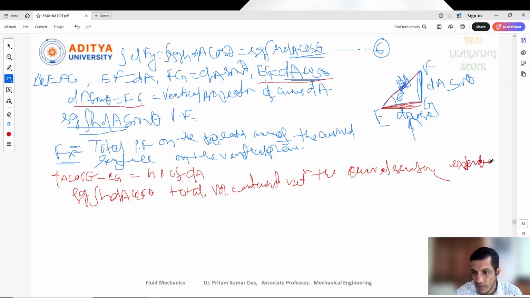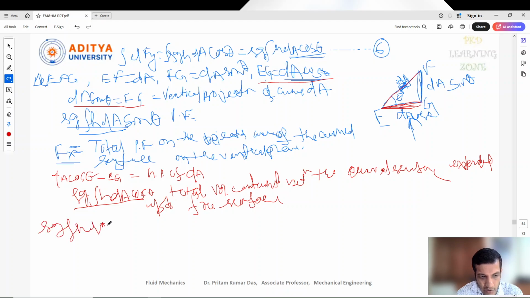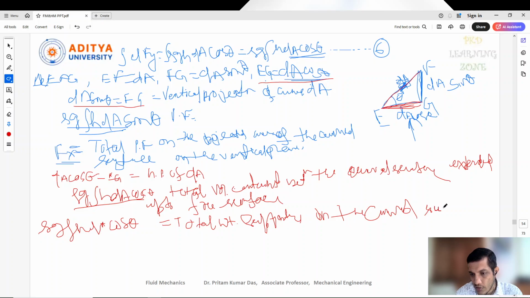So this total force, rho g integration of h dA cos theta, is the total weight supported on the curved surface.